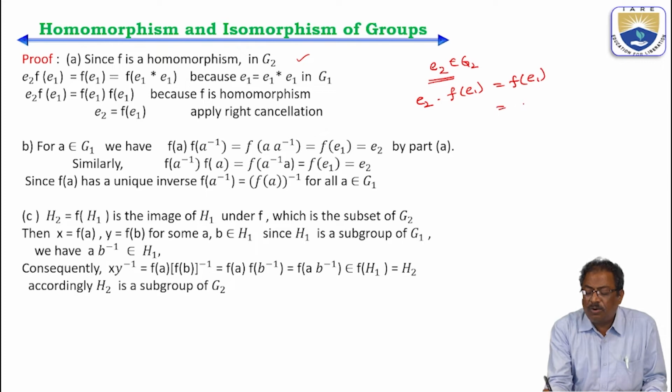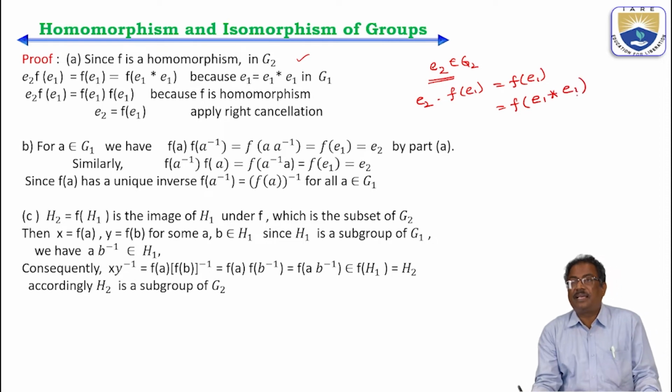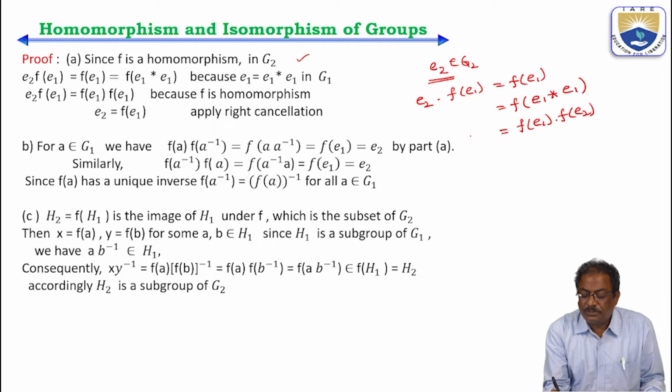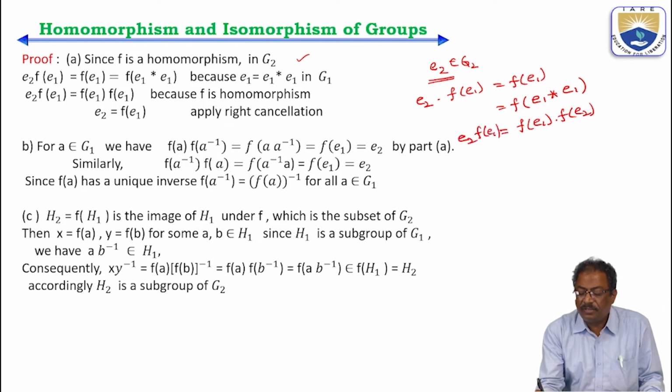Now e1 is the identity element in G1, so I'm going to write it as e1 into e1, because I'm going to apply the homomorphism condition. So f of e1 into f of e1. Sorry, this is e1 only.